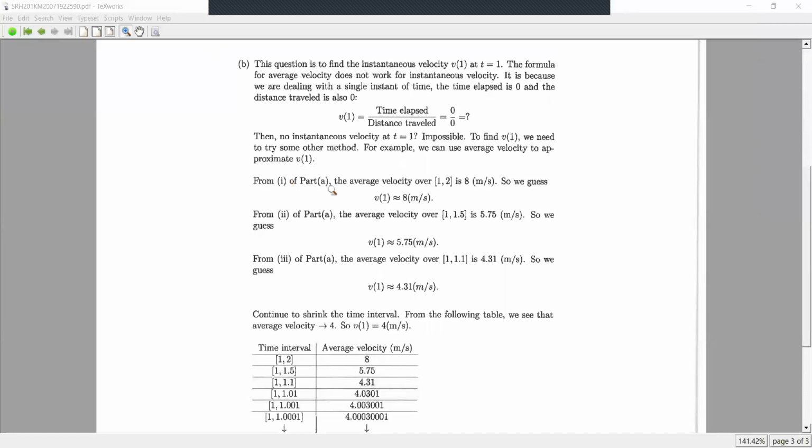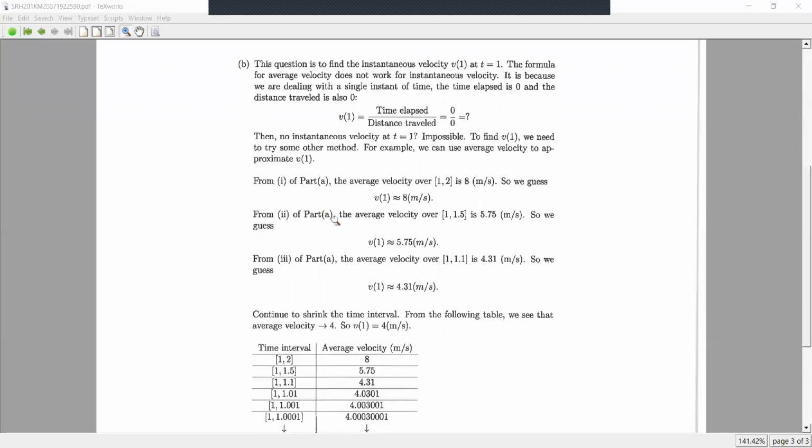From part A, we saw that the average velocity over the time interval from 1 to 2 is 8 meters per second. We can use this number to guess the instantaneous velocity at the time t is 1. So we guess v of 1, instantaneous velocity at time 1, roughly is 8.